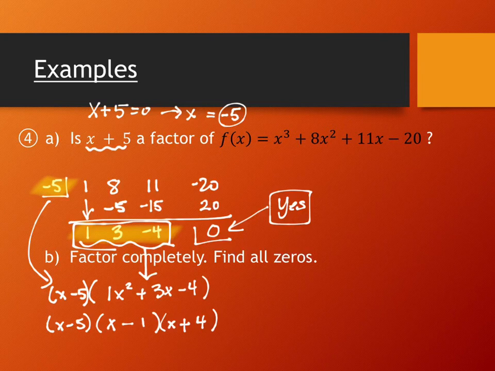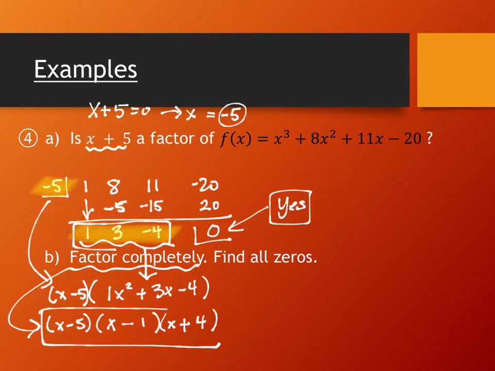Okay, so this is the factor completely part. That's the solution for that. So this is one of the 2 pieces that I was asked for part B. The other thing I was asked to do in part B is find all the zeros. Well, one of the zeros I already found in part A. It was x equal 5, right? I already have one of them.